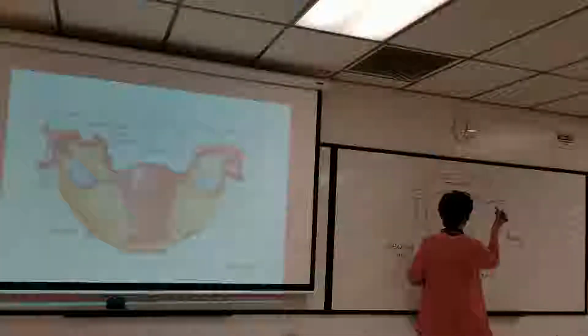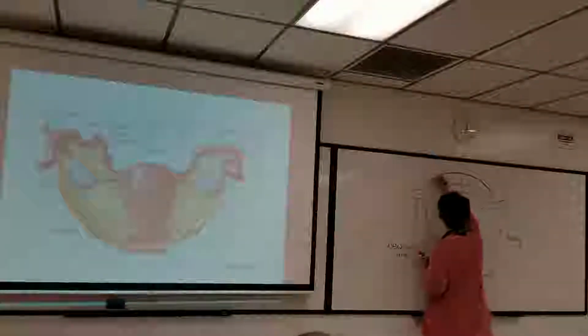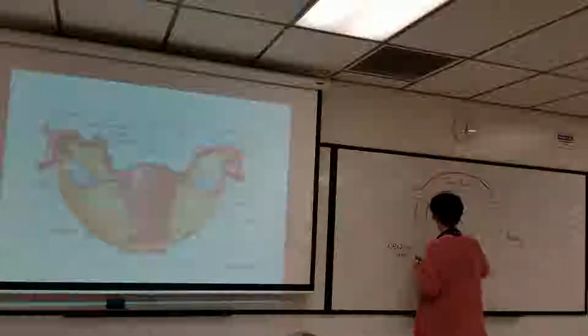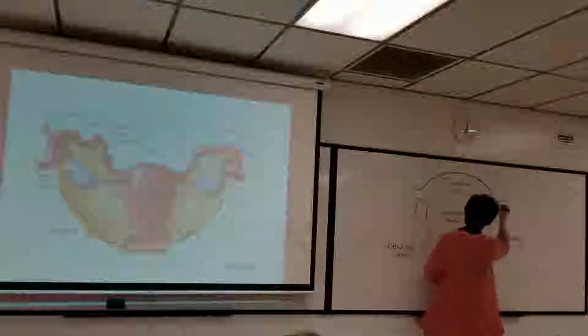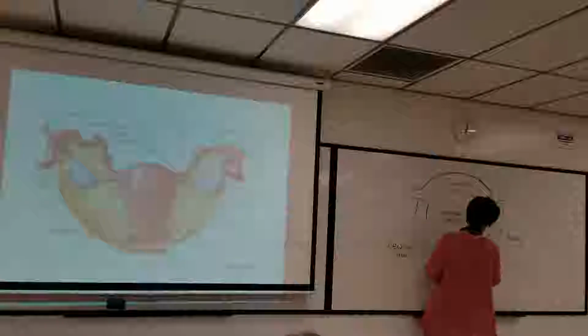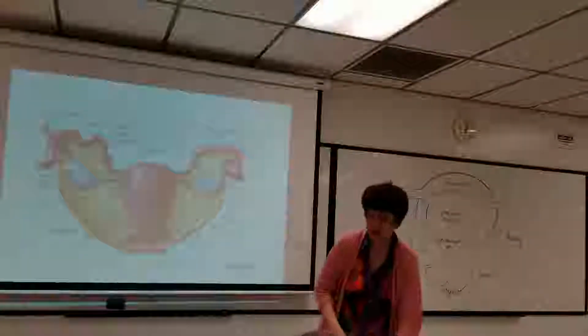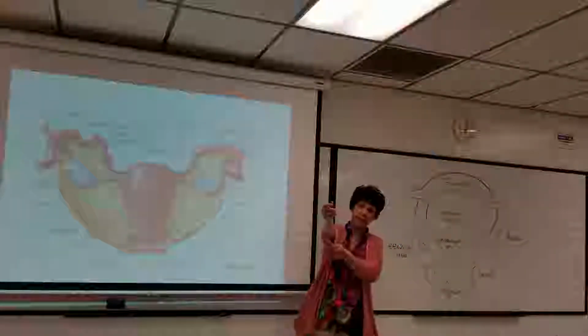We'll come back to it in a moment, but it's covering the fundus, draping over the fundus, and is reflected off of the body of the uterus. And where it's draped over here, it forms a double layer.